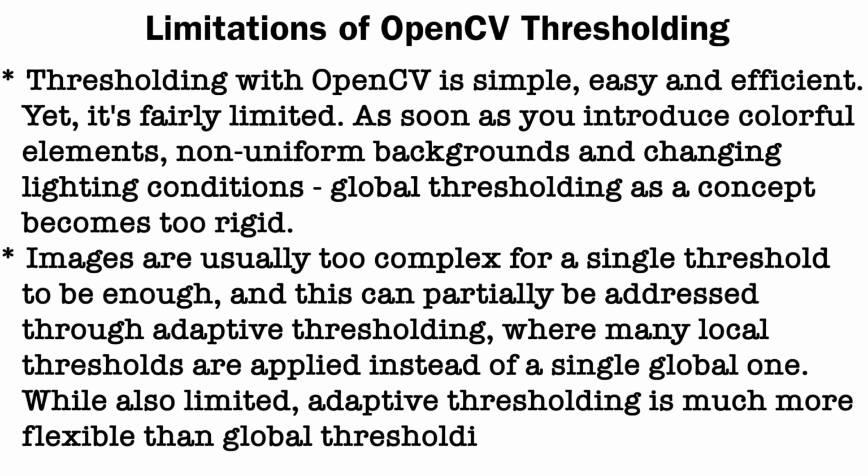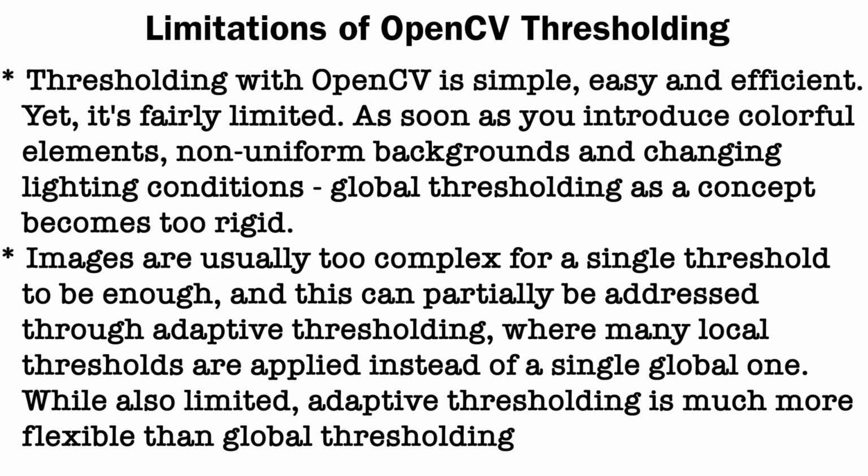Now, the limitation of OpenCV thresholding. OpenCV thresholding is simple, easy and efficient, yet it's fairly limited. As soon as you introduce colorful image elements, non-uniform backgrounds and changing lighting conditions, global thresholding as a concept becomes too rigid.